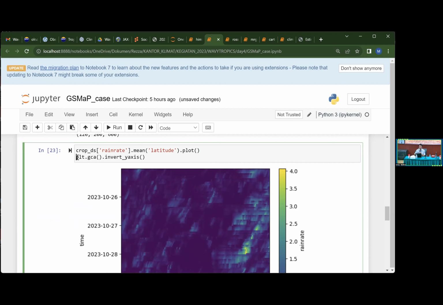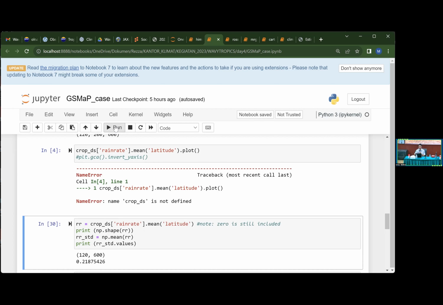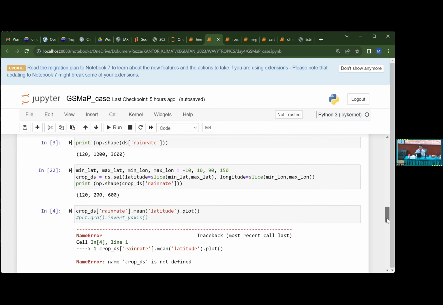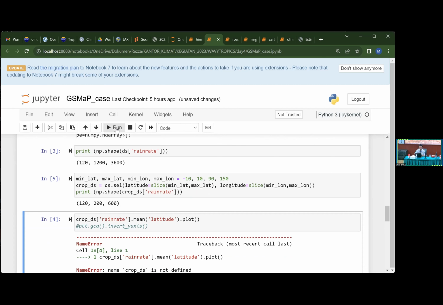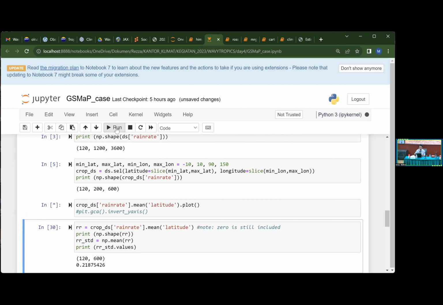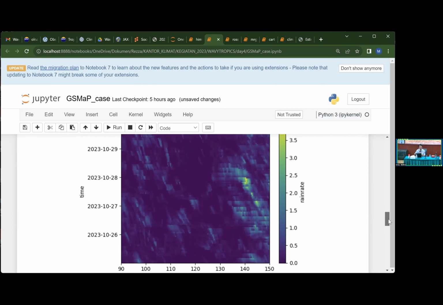And for instance, we can run this and we can see, okay, sorry, I didn't run this. Okay, I will run this and then run this. Wait a moment. Okay, so the result is like this.